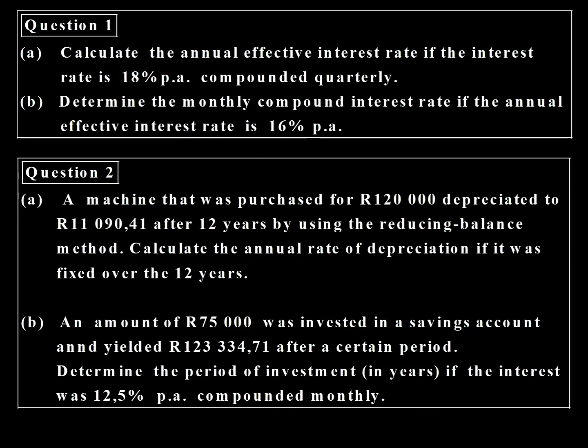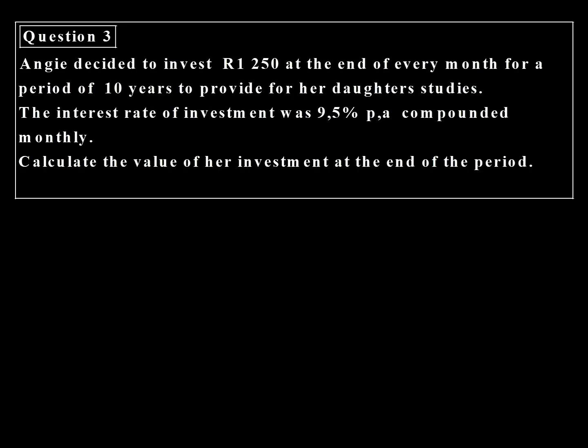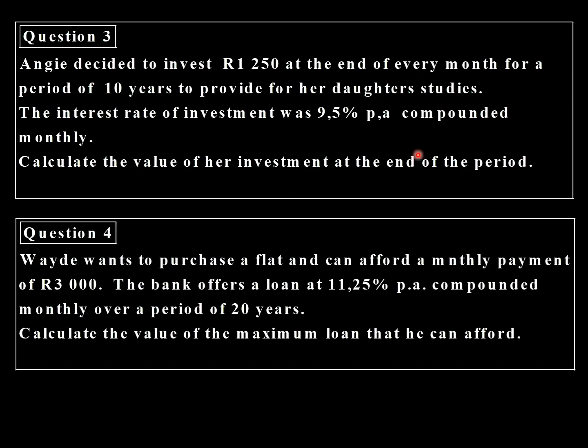So just some examples of calculating the I value and the N value. Here we'll have some questions on annuities, and you must read there. There it says at the end of every month. So that should tell you every month you actually invest there, right? And you see that's monthly. So this is an annuity. You'll just have to determine whether this is a future value or a present value. I don't want to tell you that. Try that on your own.